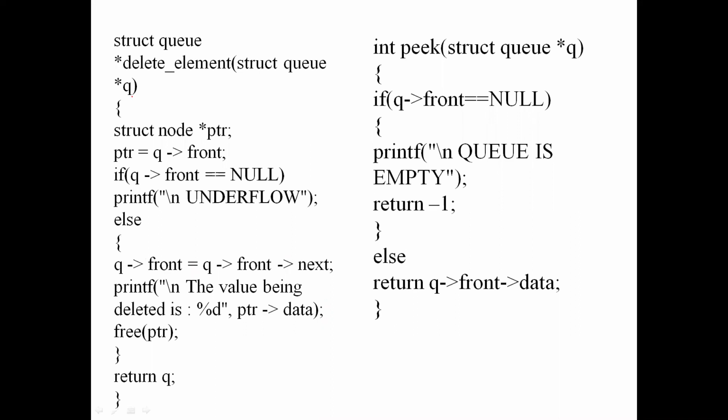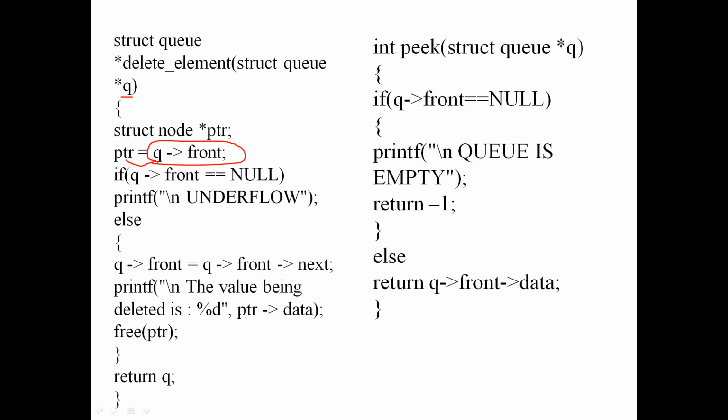Once I know the address of the queue, I can access the front variable. How will I get the front variable? Q arrow front. So that is stored in the temporary variable. From now onwards, I can access the entire queue itself.